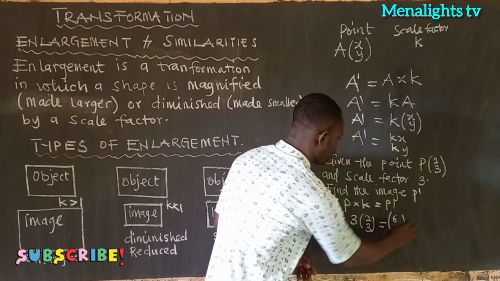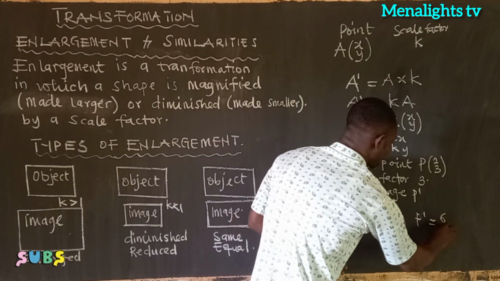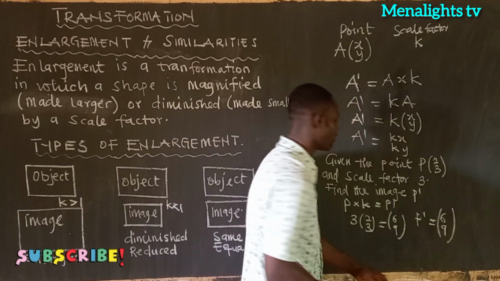So our image point is (6, 9), given the scale factor as 3.